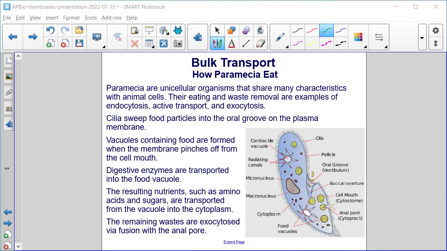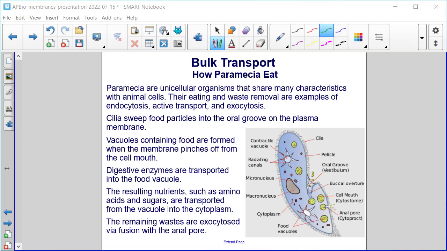How paramecia eat. Paramecia are unicellular organisms that share many characteristics with animal cells. Their eating and waste removal are examples of endocytosis, active transport, and exocytosis. Cilia, all around the outside here, sweep food particles into the oral groove on the plasma membrane. Vacuoles containing food are formed when the membrane pinches off from the cell mouth.